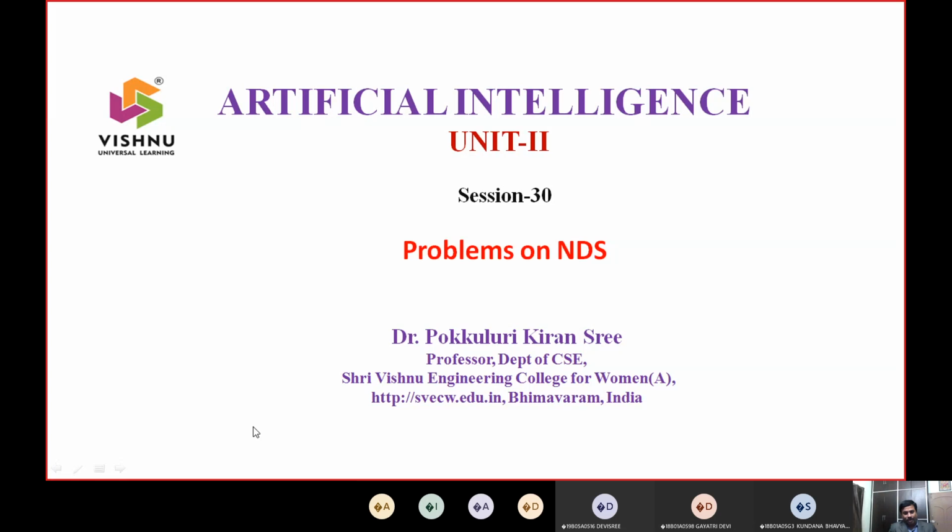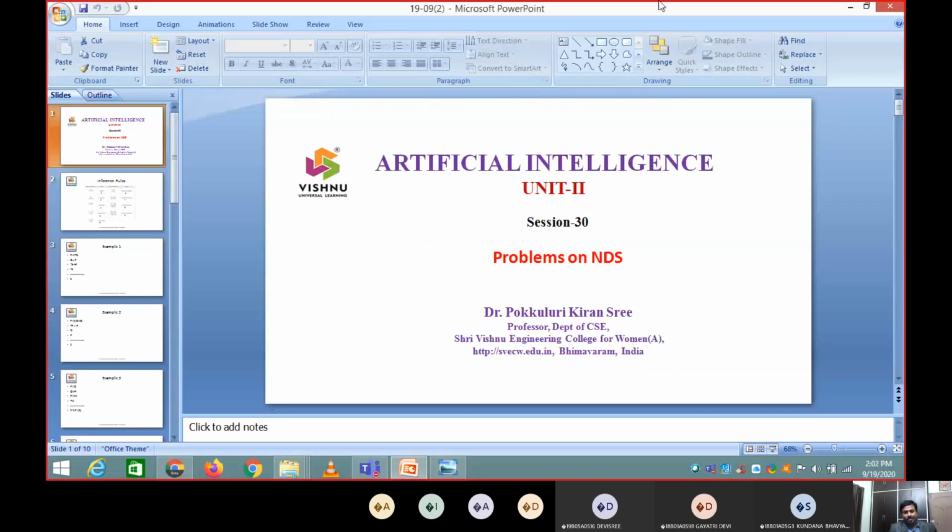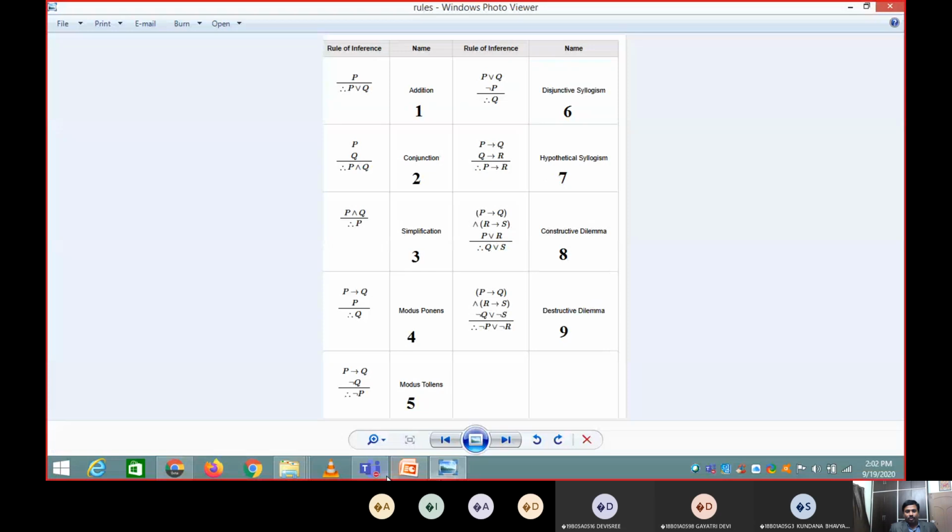We know natural deduction system is a system which accepts all symbols, whether it is AND, OR, implication or bi-implication, it will accept all the symbols. And the important thing you need to understand is it will be going based on these 9 rules.